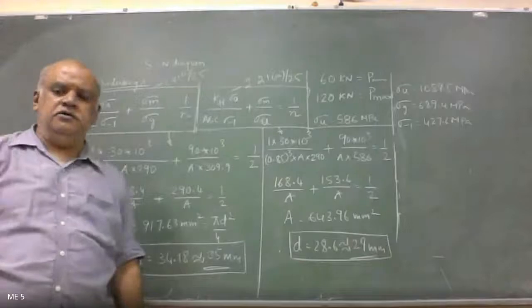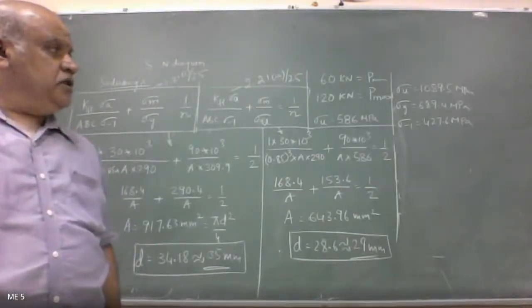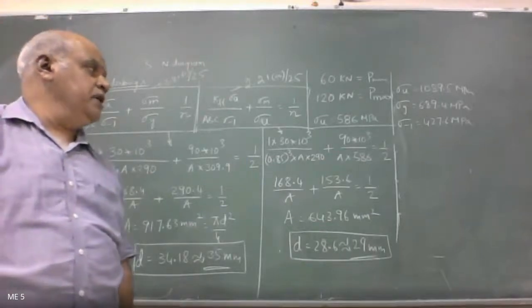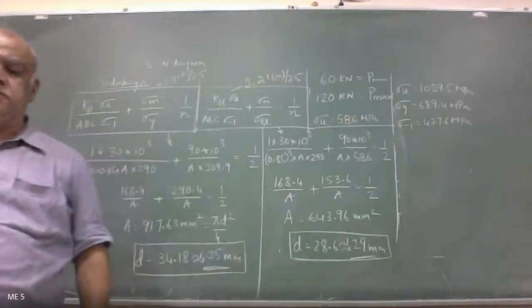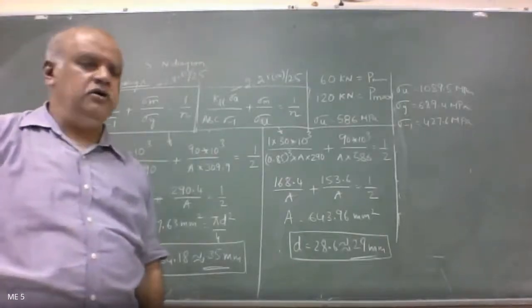Note down those three values. A steel rod, ultimate stress of 1089.5 megapascal, yield stress of 689.4 megapascal, endurance stress of 427.6 megapascal, close the bracket. It is subjected to tensile load.